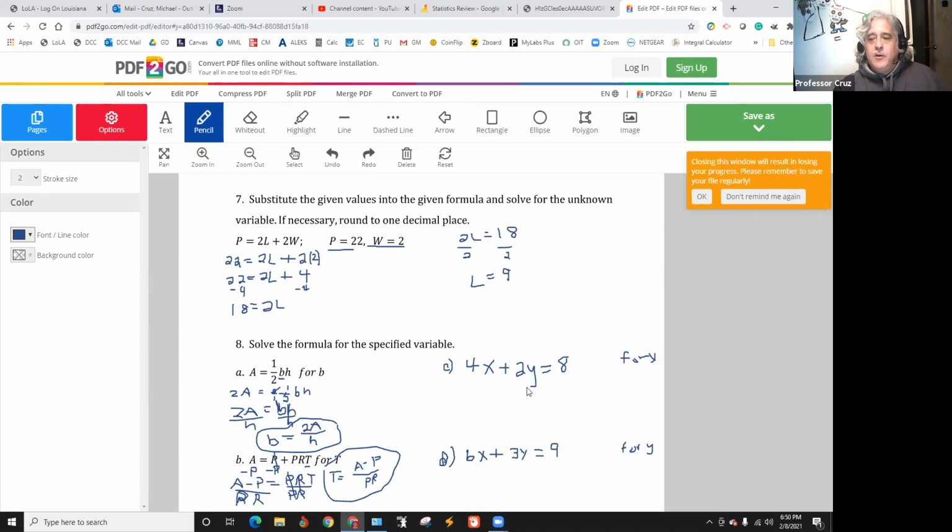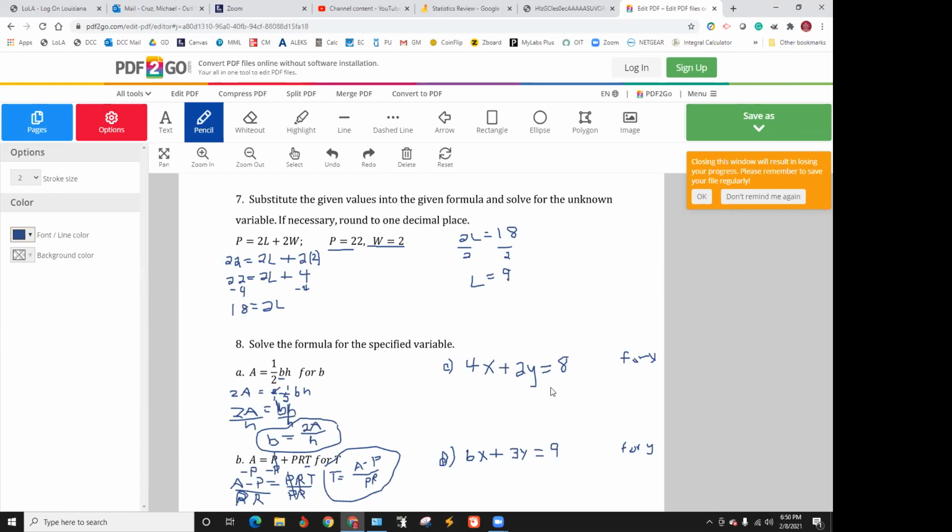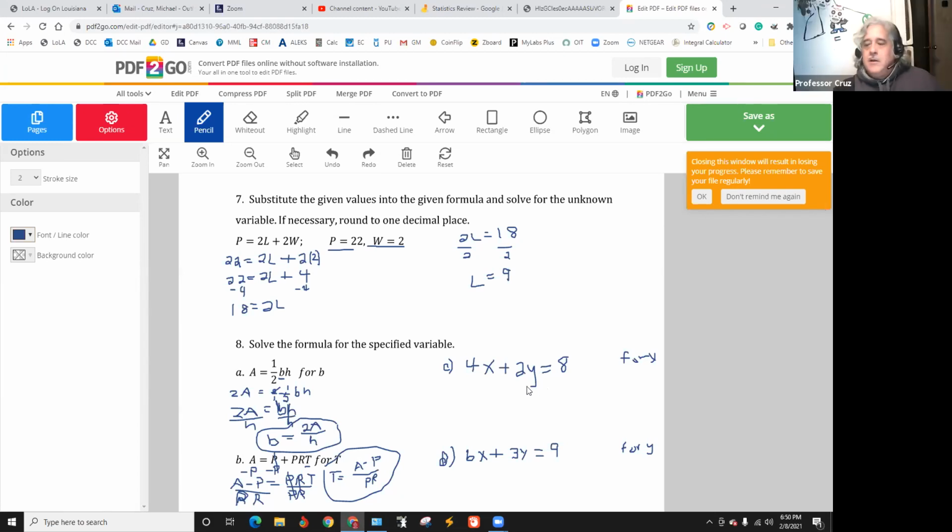Okay, so what can we do for this first one? Or if you got anybody got a solution? Yeah. Y is equal to something. Y is equal to 4 minus 2x. Okay, let's see. So the first thing we need to do is get rid of the 4x. It's added, so we want to get rid of that rascal.